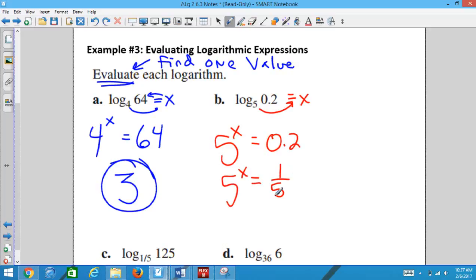Oh. So then I have to think, what power can I take 5 to that makes it 1 over 5? That makes it a reciprocal. -1. -1 would be the answer for this one. 5 to the -1. Remember, negative exponent flips it. Reciprocate.